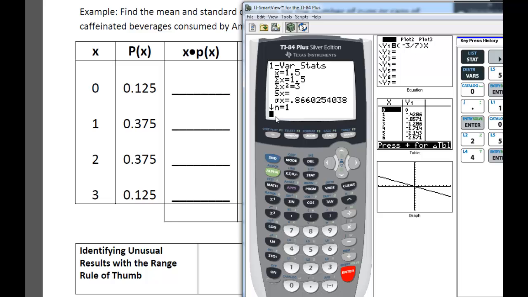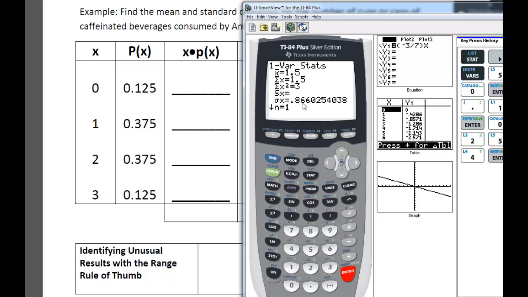And so I get a mean of 1.5 and a standard deviation of 0.8. We'll just say 0.87. Does it make sense when you look at the probability distribution that the mean would be 1.5?